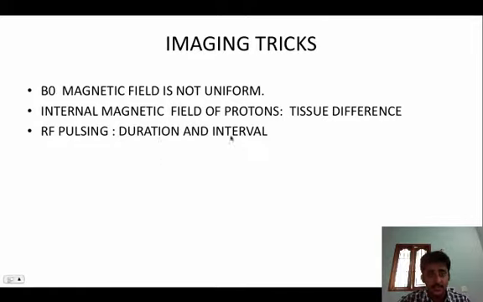The RF pulsing senses the pulses emitted from the protons. Depending on the duration and interval, we can accentuate which type of relaxation it is and which type of material, whether it is a tissue, a water molecule, or a fat.